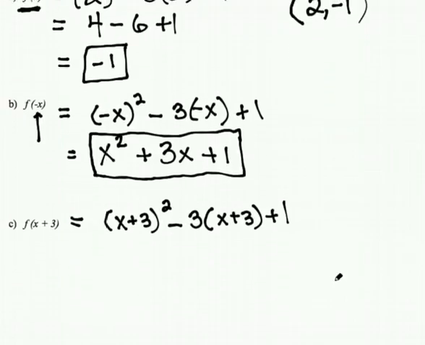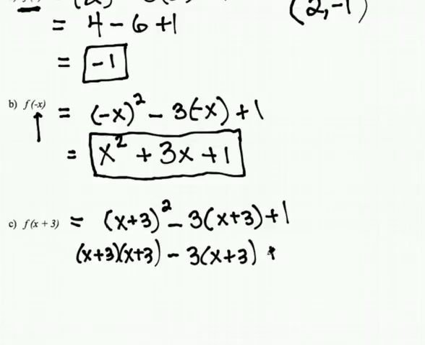In order to simplify that, remember that this x plus 3 squared really means that we have x plus 3 times x plus 3. And then we have minus 3 times x plus 3 plus 1. So don't forget that this x plus 3 squared means we have an x plus 3 times an x plus 3, and we have to FOIL that out.